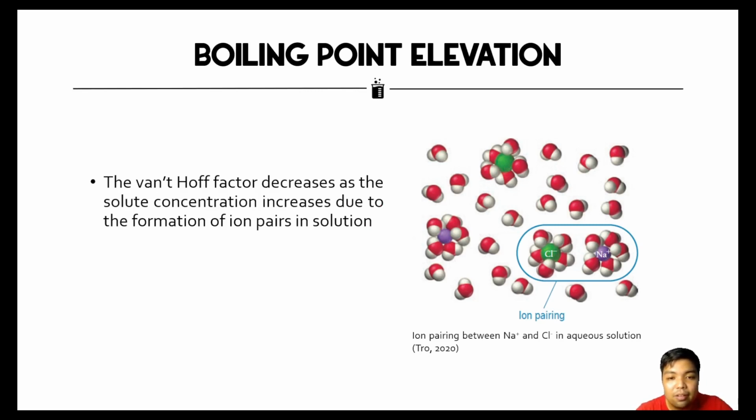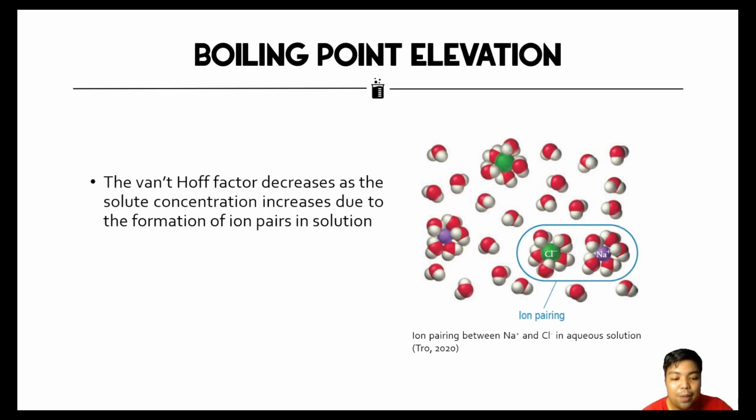So since these ions move randomly in the solution surrounded with water molecules which do not completely dissipate their charge, there is a possibility they will come in close proximity with each other. And coming in close proximity, these sodium and chloride ions will exert electrostatic attraction with each other. And because of this electrostatic attraction, they will form these ion pairs here.